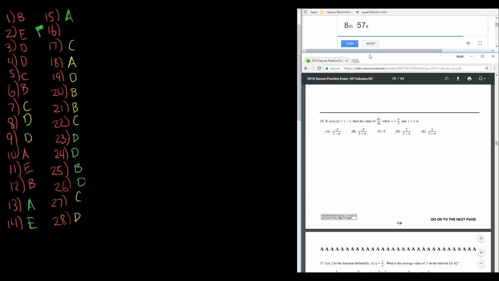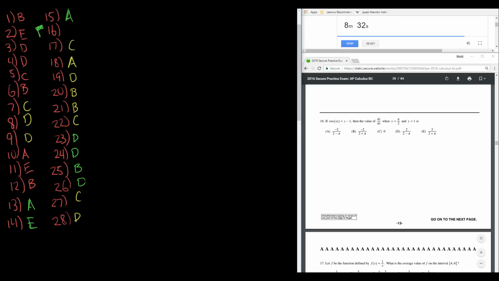Or sorry, 16. So, what they're telling us here, the cosine of xy equals y minus x, and dy/dx when x equals pi over 2. Okay, so in order to get this, this would be implicit differentiation. So we take the derivative.